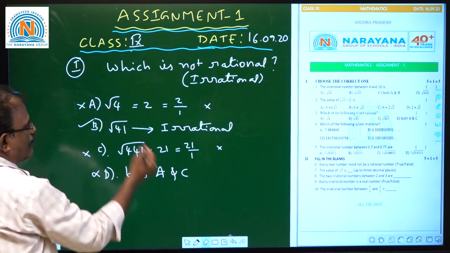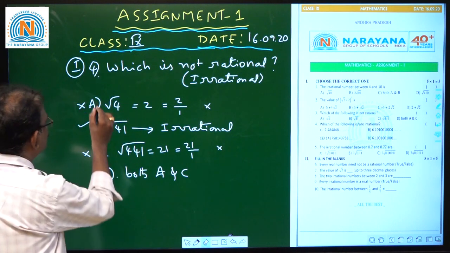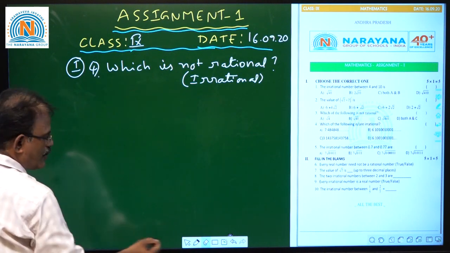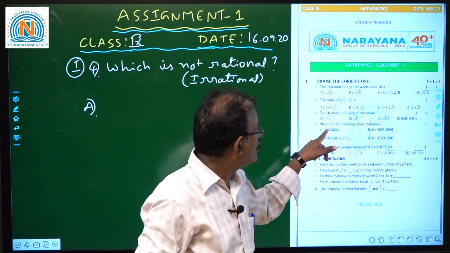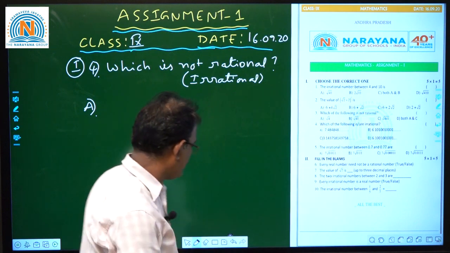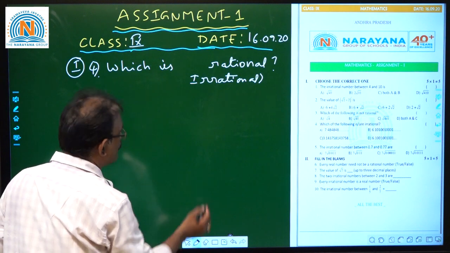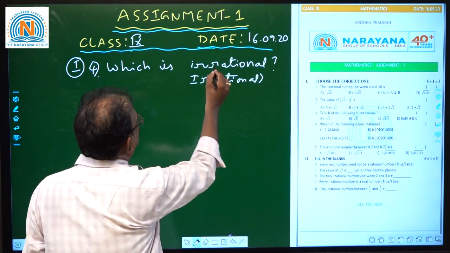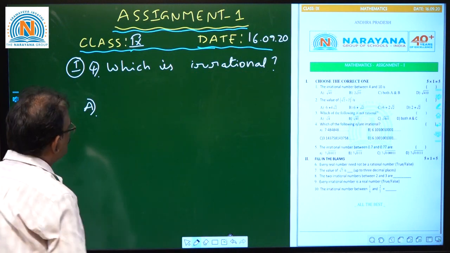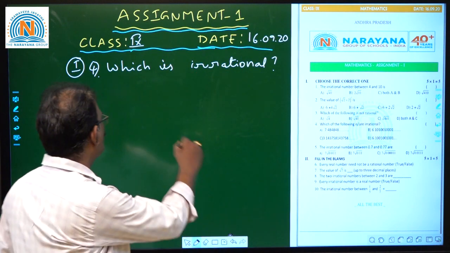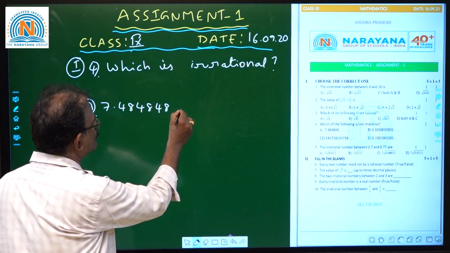Again our fourth question is similar: which of the following is irrational? See the first option, 7.484848 and so on.